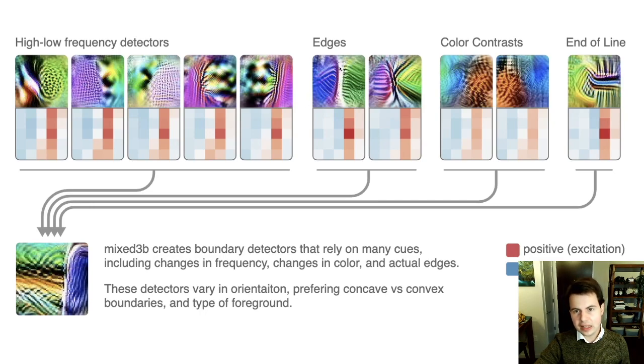They look for lines, of course. They look for changes in color between the two sides of the boundary. And actually, this is a really interesting unit, which is an end-of-line detector, or a sudden change in line or angle. Sometimes if it just radically turns, that also works. It looks for a line terminating at the boundary. So it has all these really interesting cues, and then it just looks for them along this stripe.